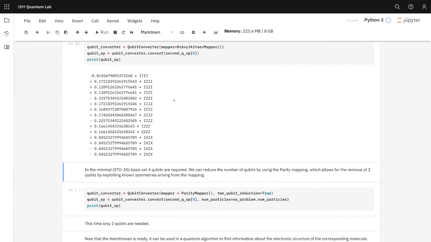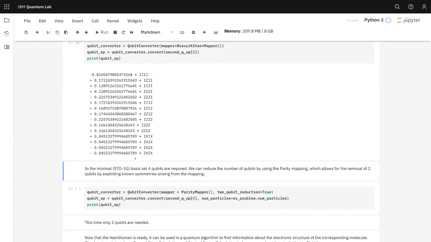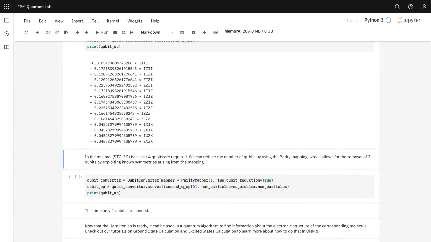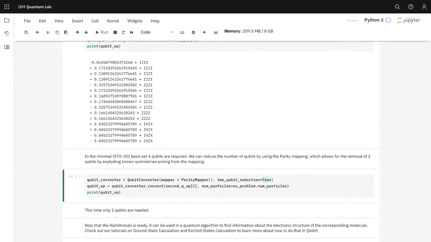But to pick a smaller problem for this workshop, we're going to use the parity mapper, which, because of the symmetry that it uses, allows you to reduce the number of qubits in your problem by 2 by passing this 2-qubit reduction through.